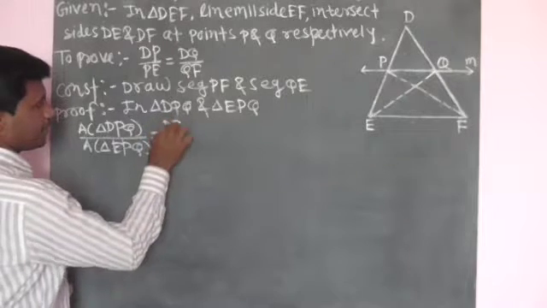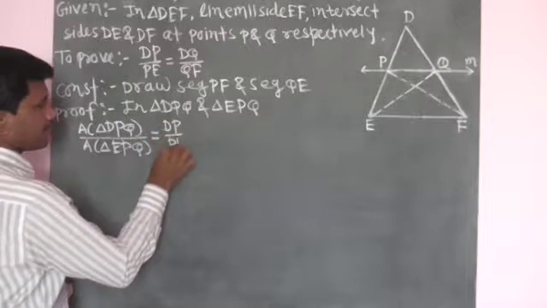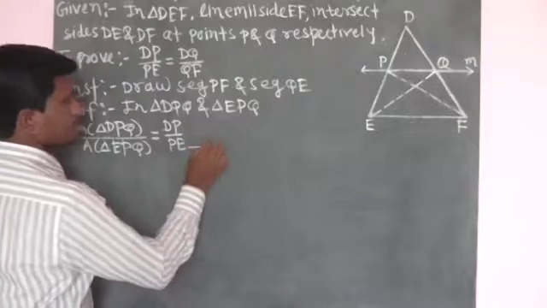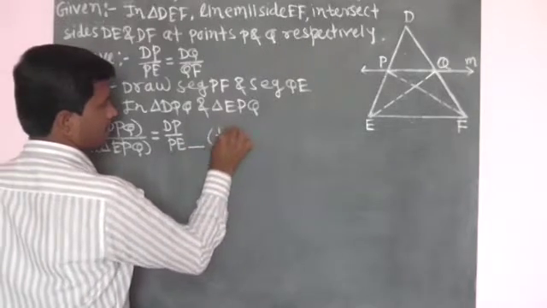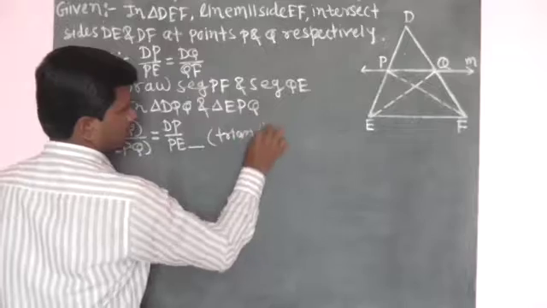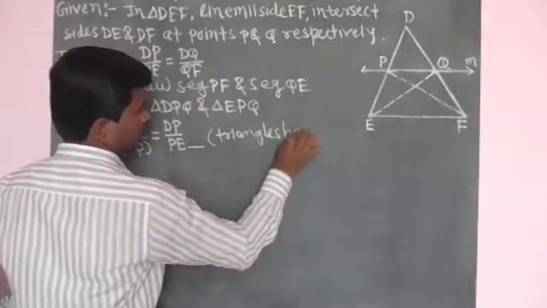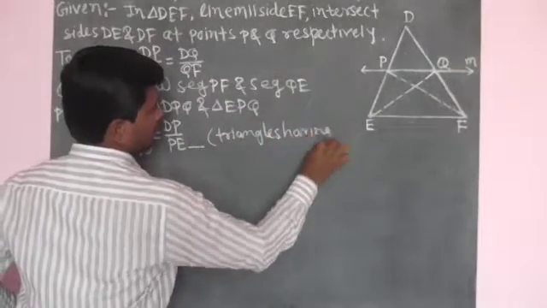It means DP upon PE, because the triangles have equal height.